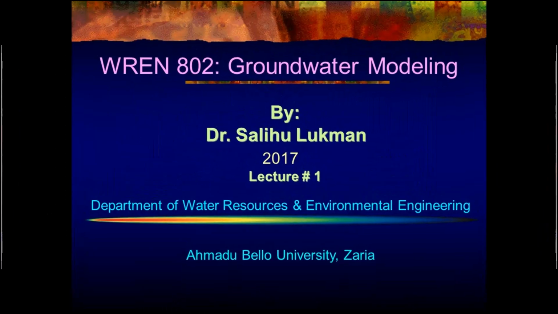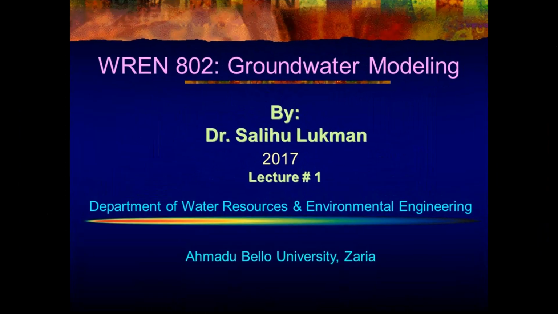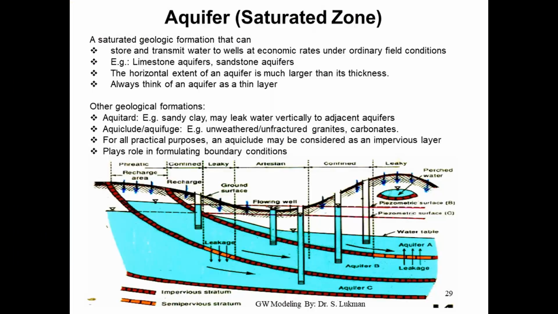Yesterday we started discussing the classification or the types of aquifers that we encounter in groundwater. We defined an aquifer as a geologic formation that can store and transmit water to wells at economic rates and under ordinary field conditions.